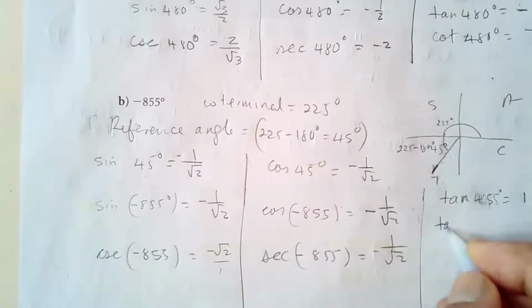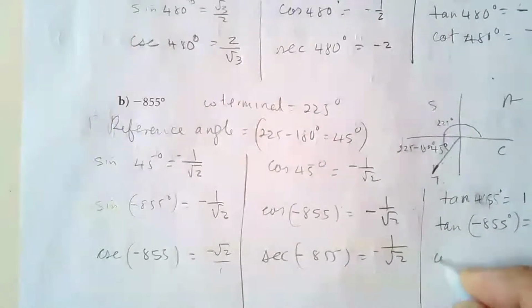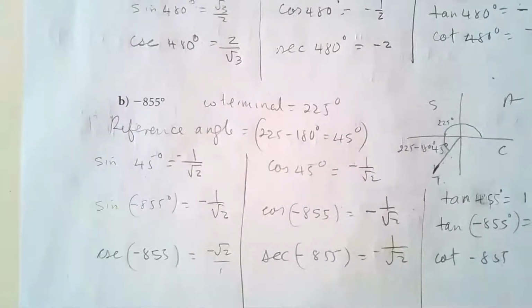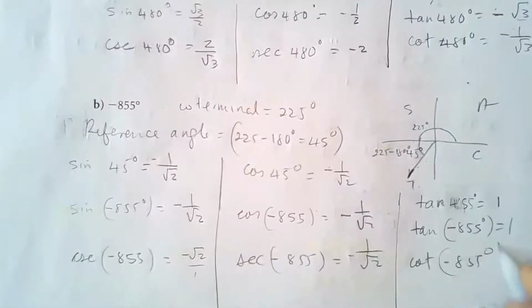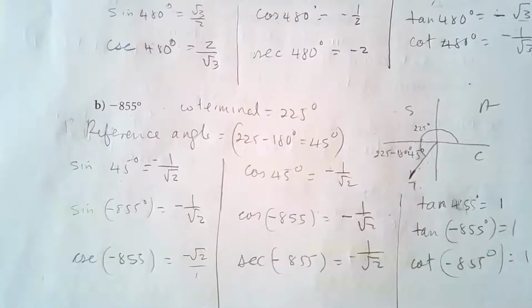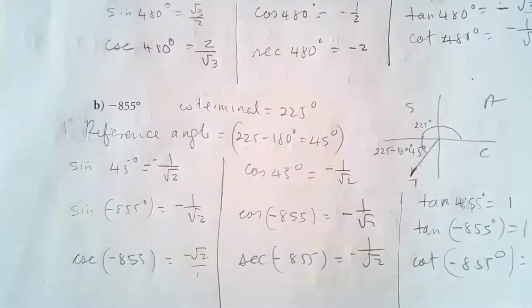So tan negative 855 degrees is equal to 1, and cotan negative 855 is also equal to 1, 1 over 1 is 1. So those are a couple of questions you don't mind trying out. I could give you the full solution to it.